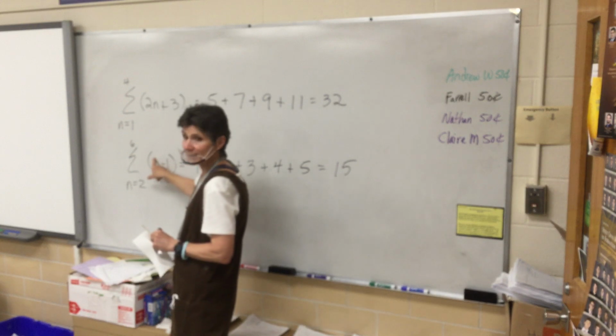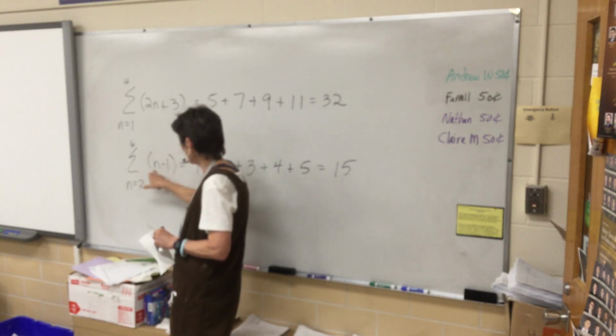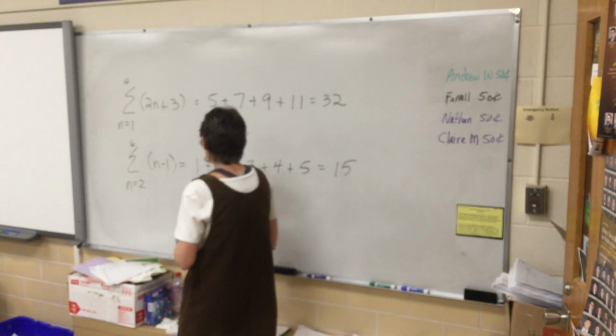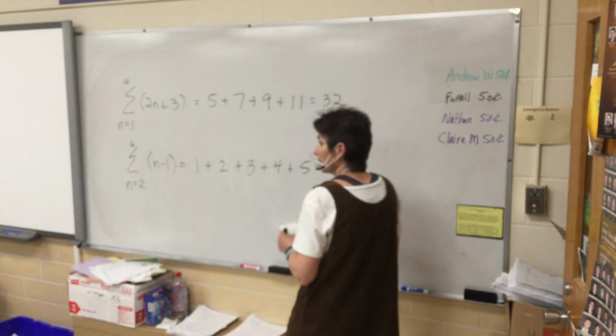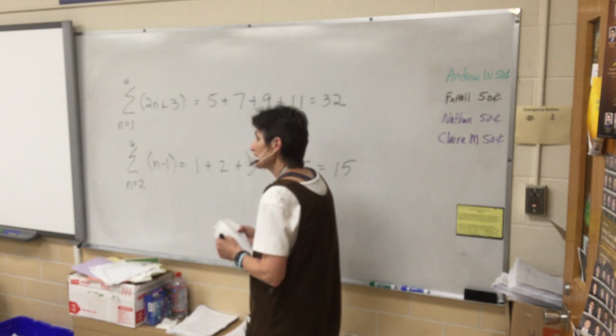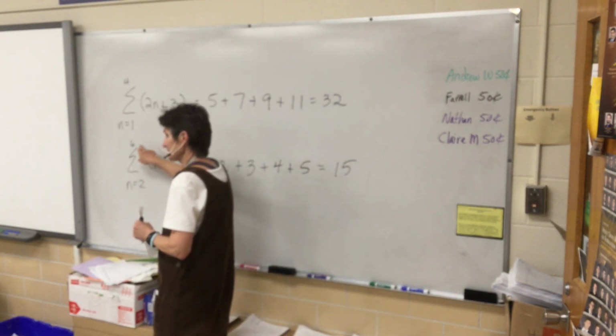These are the numbers that are going in. This is what I'm adding up. So when I put a 2 in, the first number I add is 1. So you're substituting up to 6 numbers, but you're not going to have 6 numbers to add. I'm substituting 2 through 6. Yes.